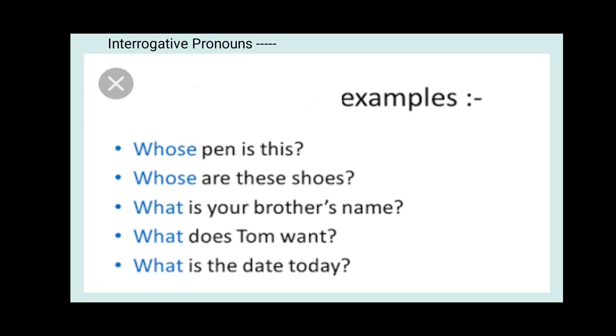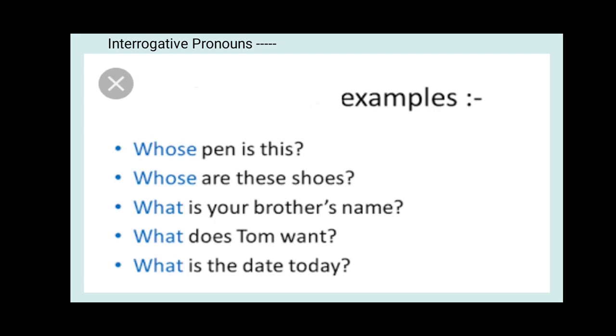You can see that we have got those WH question words here, and also the sentences end with a question mark. So from these things you can identify that these blue highlighted words, which are WH question words, are our interrogative pronouns.